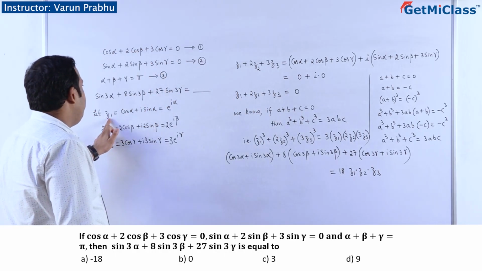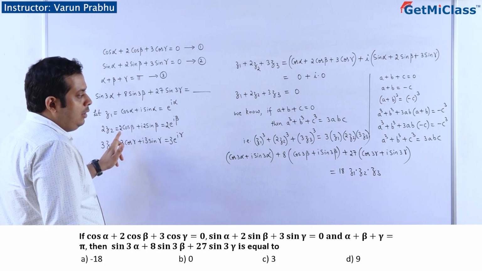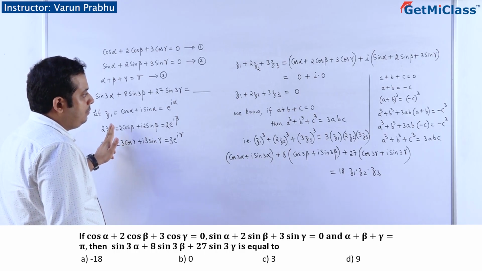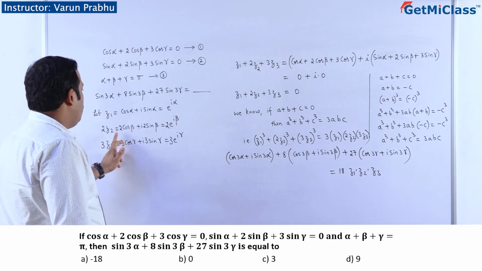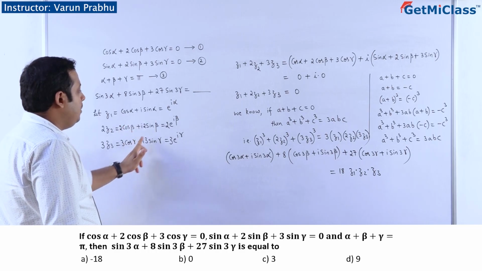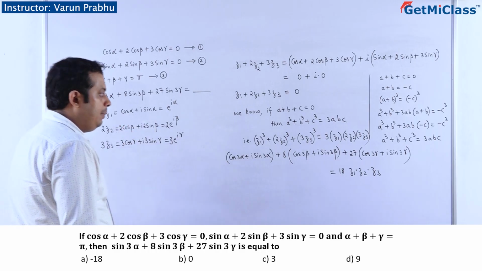What happens when you multiply z1 into z2 into z3? You will get cos of alpha plus beta plus gamma plus i sin alpha plus beta plus gamma.